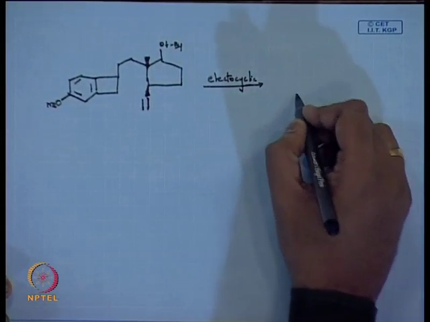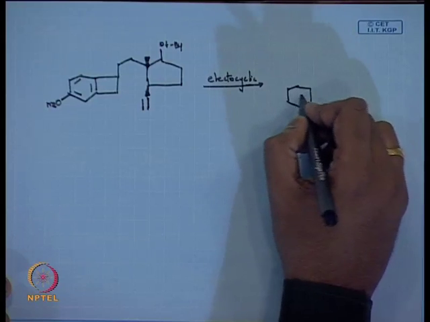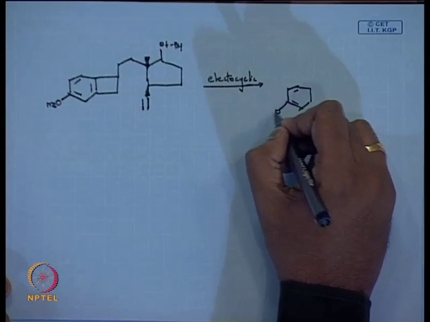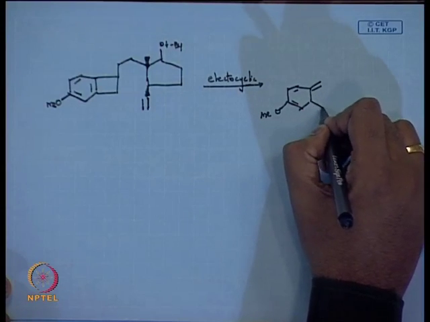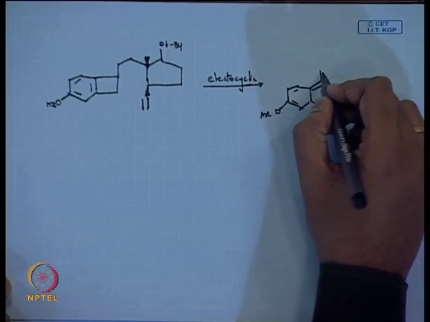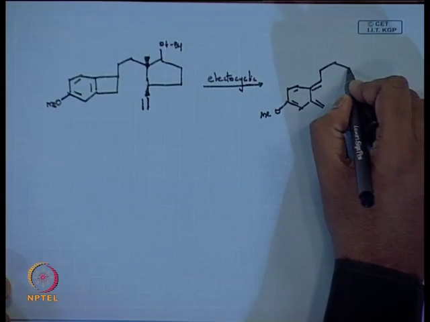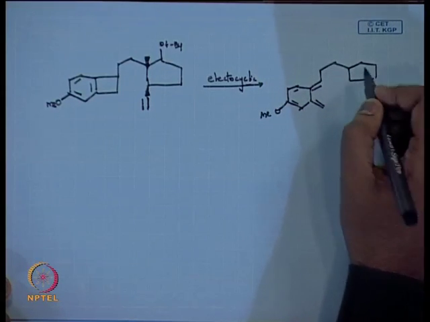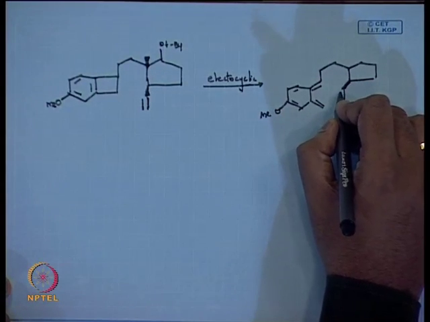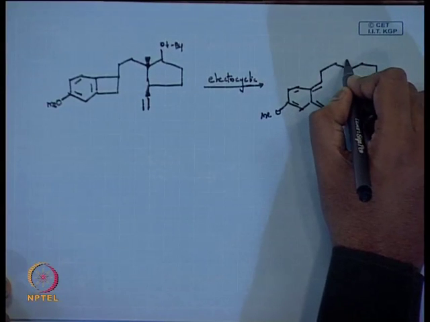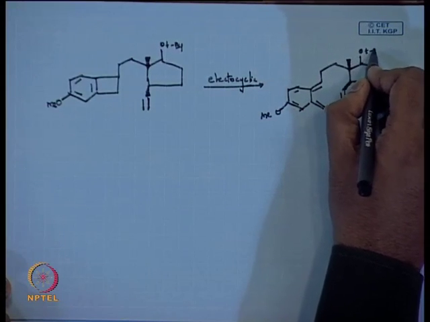But just right now, we can say that the ring opens. Again, we have O tertiary butyl.